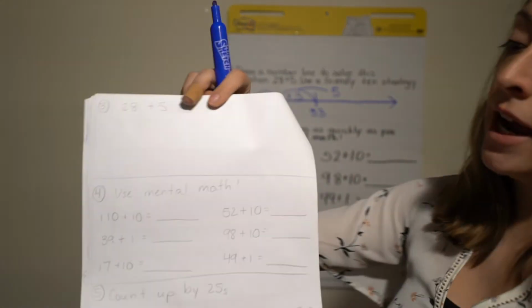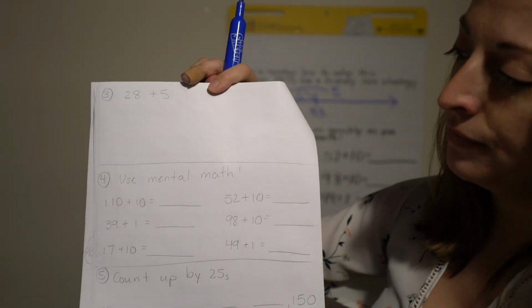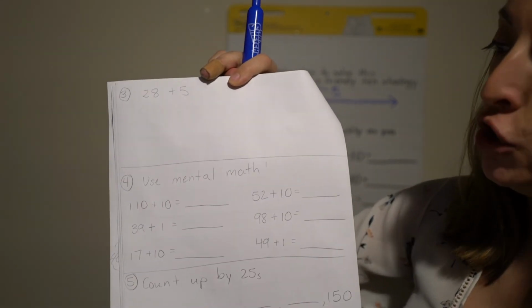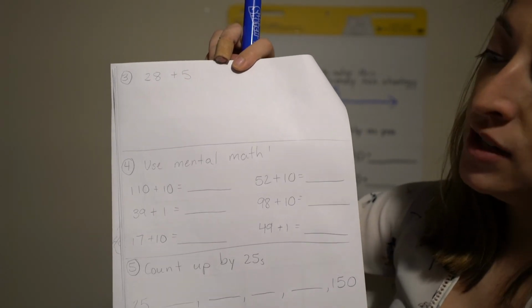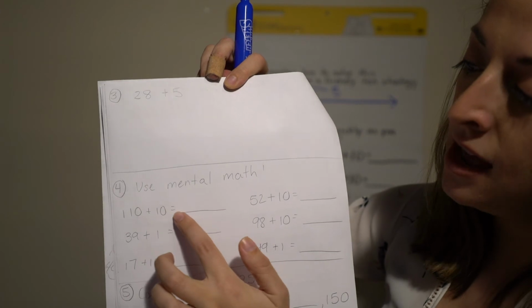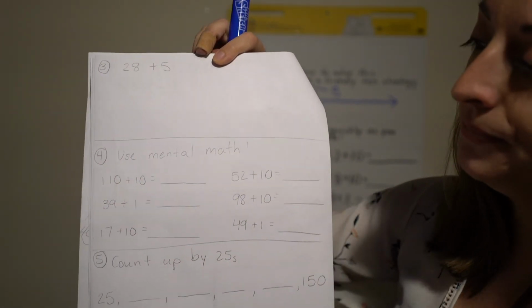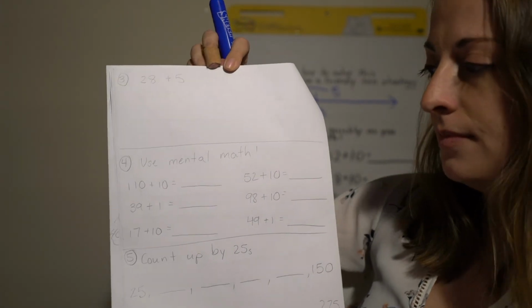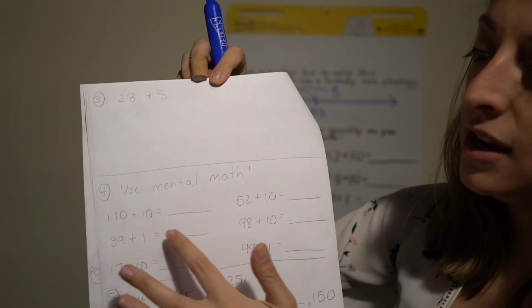At the top, you're writing use mental math. Again, you're writing use mental math. Then you're going to write 110 plus 110 equals blank. Below that, 39 plus 1 equals blank.